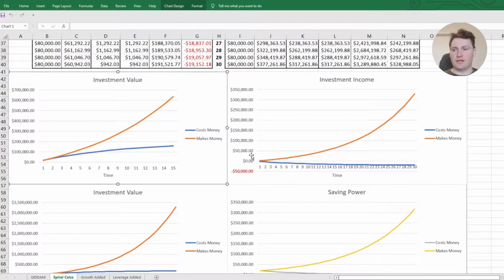So what's really important, though, is the investment income that is provided for you. In order to maintain the assets that you're purchasing that cost money, you have to continue to work to supply income, costing your lifestyle, in order to produce or maintain those assets over a long period of time.